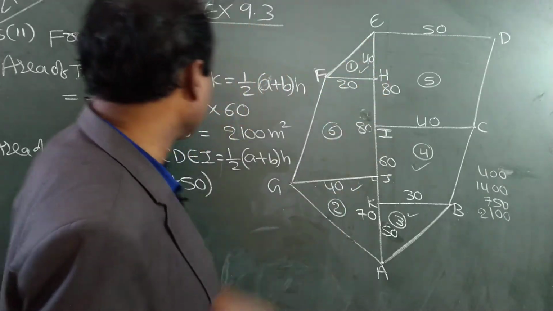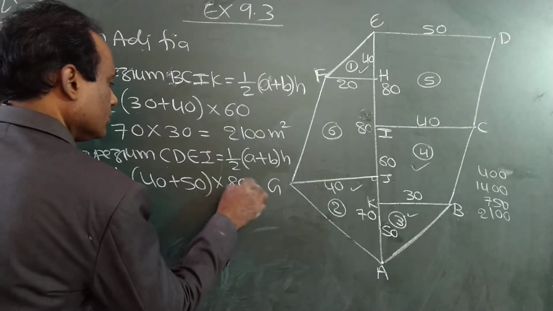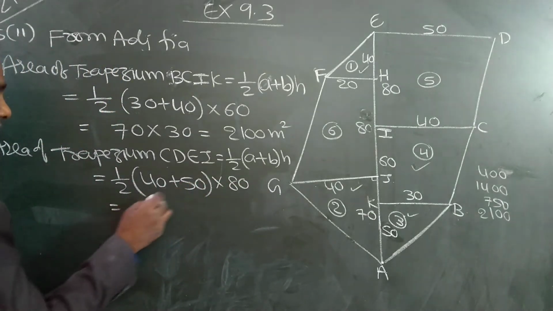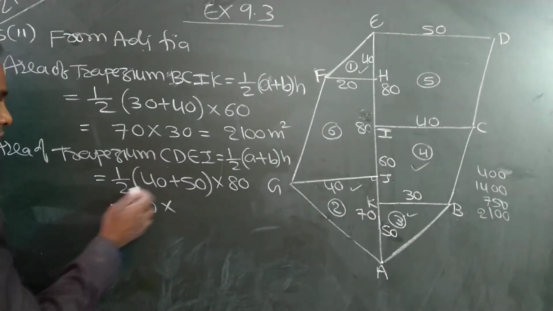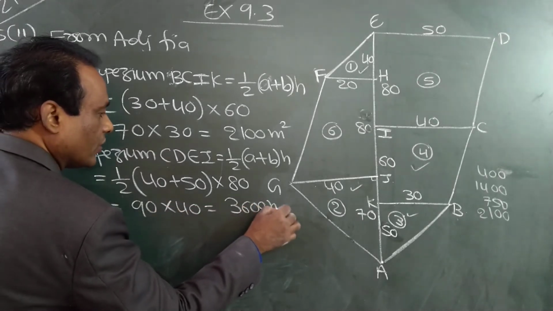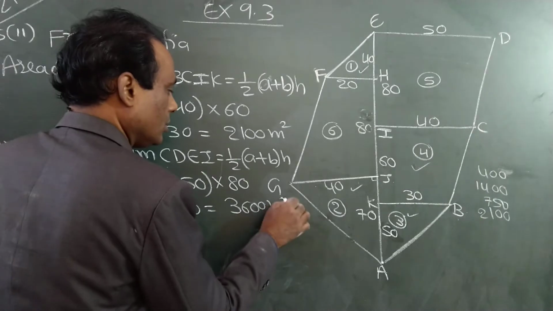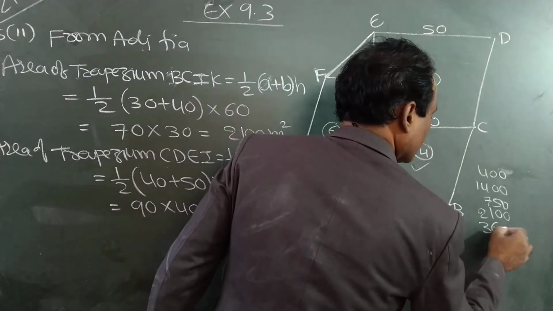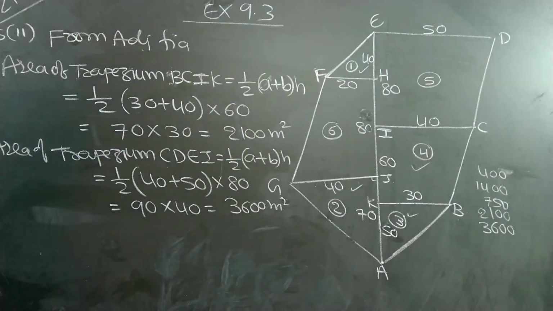Distance between the parallel sides is 80. So 40 plus 50 is 90, into half of 80 which is 40, is 3600 meters square. This area is 3600.